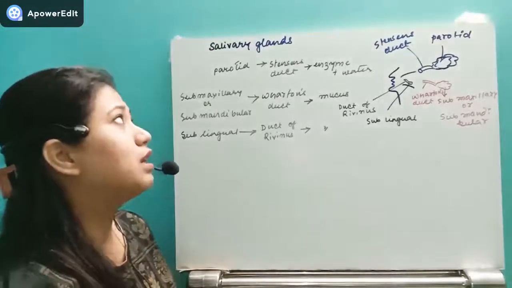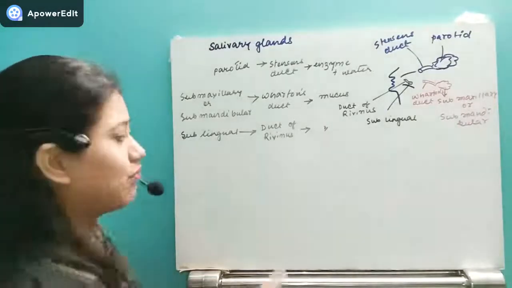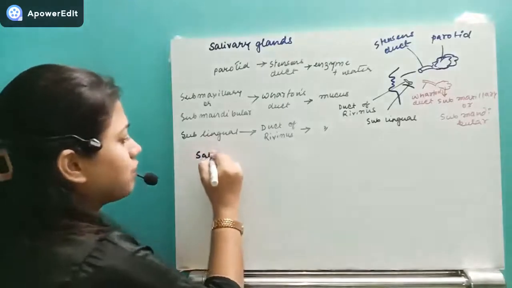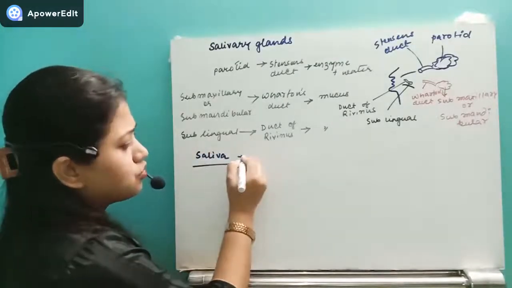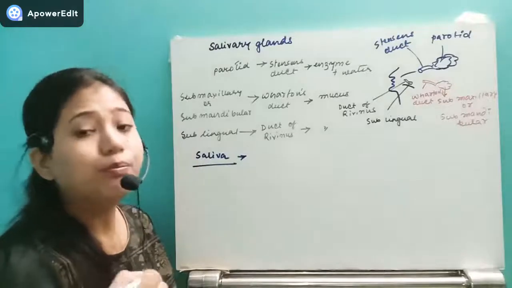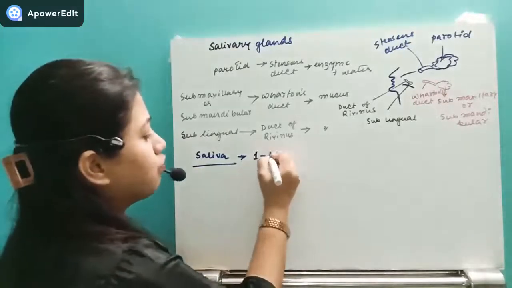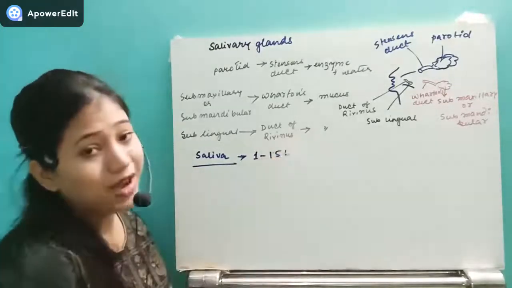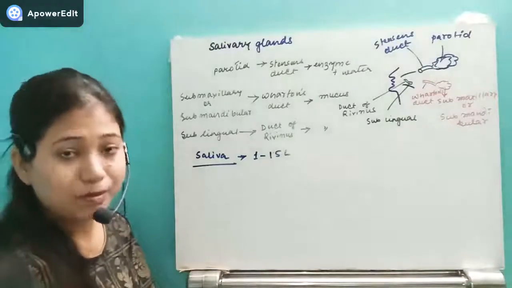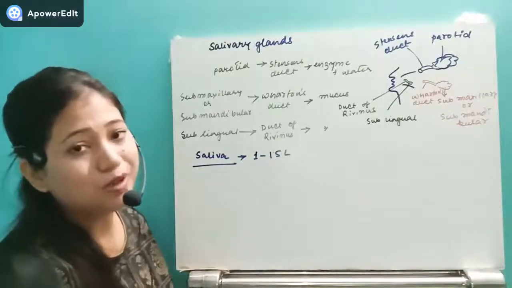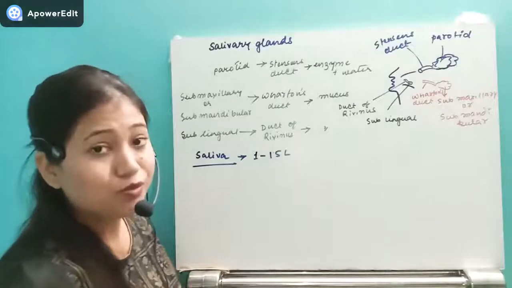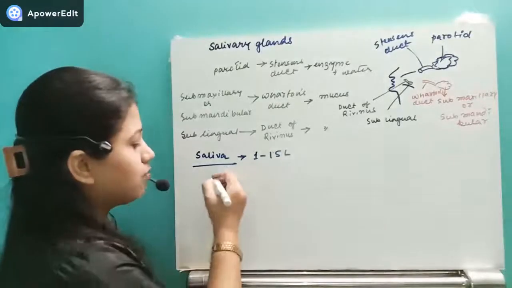Now if you see the composition of the saliva, first of all just see what that saliva contains. One thing we have to know, that per day we release around 1 to 1.5 liters of saliva. Remember, every day we produce 1.5 liters of saliva. It's too much, right? What is the composition?